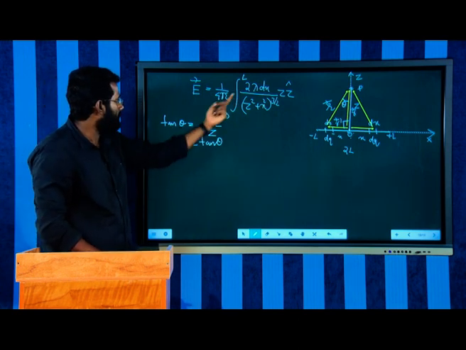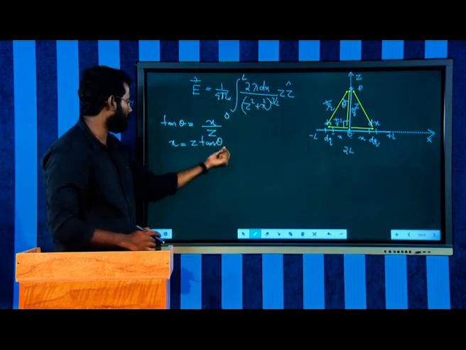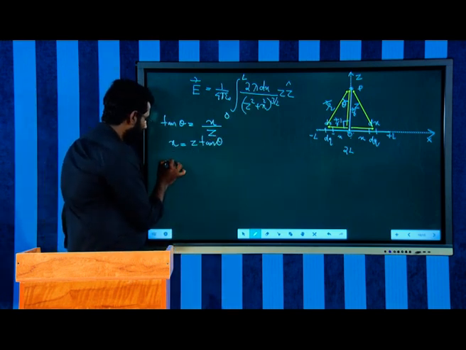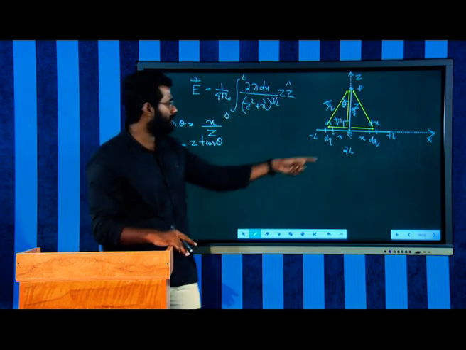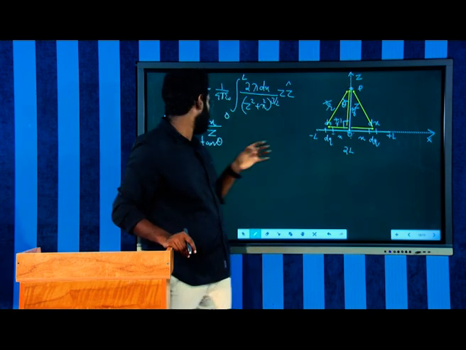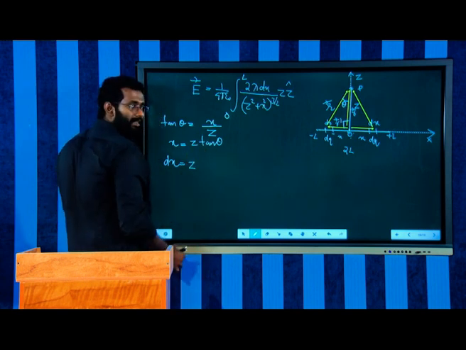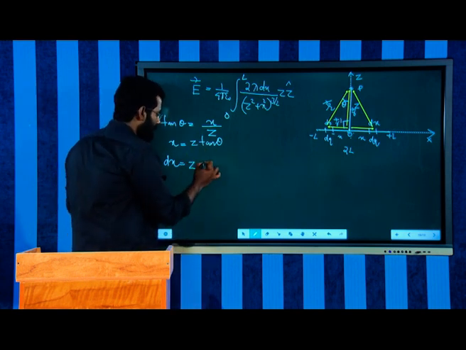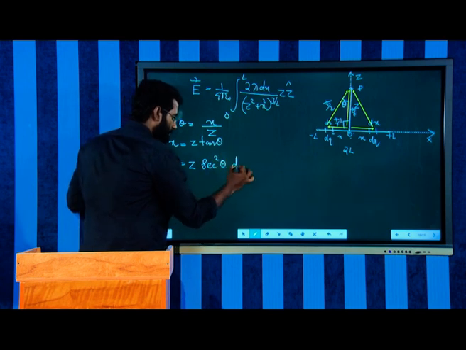Instead of x we can substitute this. Now we know that z is a constant, a fixed distance to our field point. So, dx is equal to z times the derivative of tan theta, which is sec square theta d theta.